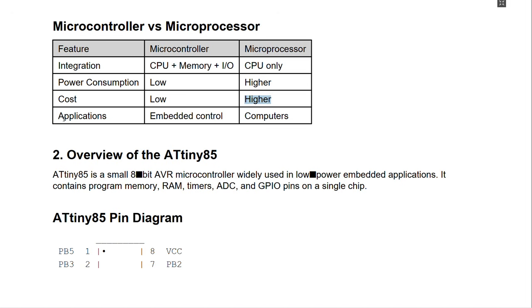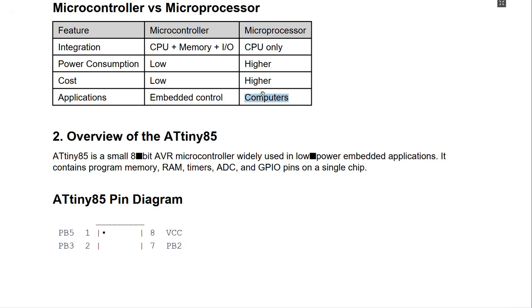Now let's look at the applications. Microcontrollers are applied in embedded systems control. Microprocessors are used in day-to-day computers like desktops and laptops. We will discuss more on this. Very many people confuse these two, a microprocessor and a microcontroller.